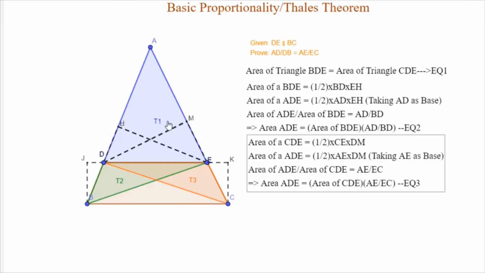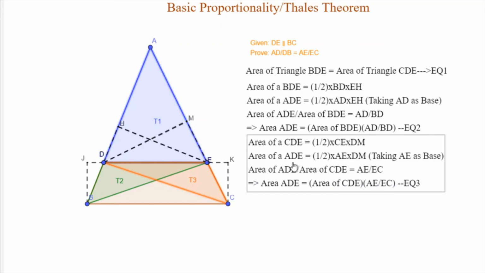Likewise, calculating the areas of triangles ADE and CDE, which are T1 and T3, you get area of ADE is equal to 1 by 2 multiplied by its base AE multiplied by its height DM. Likewise, area of triangle CDE is equal to 1 by 2 multiplied by its base EC and its corresponding height DM.